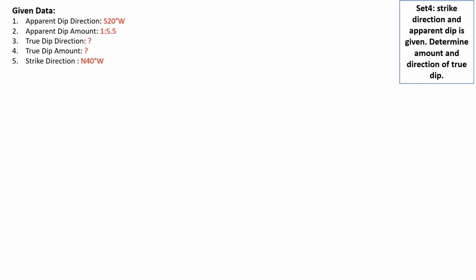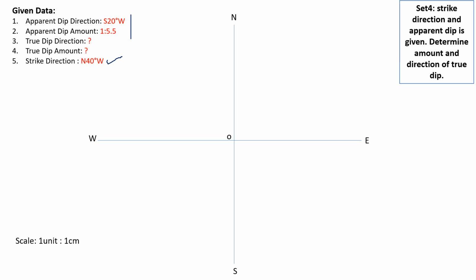So unlike the previous problem, we'll again draw the north, south, east, west line. Mark the point of intersection as point O. Then, even though we have data for the apparent dip direction as well as amount, we'll first plot the strike direction, that is north 40 west.